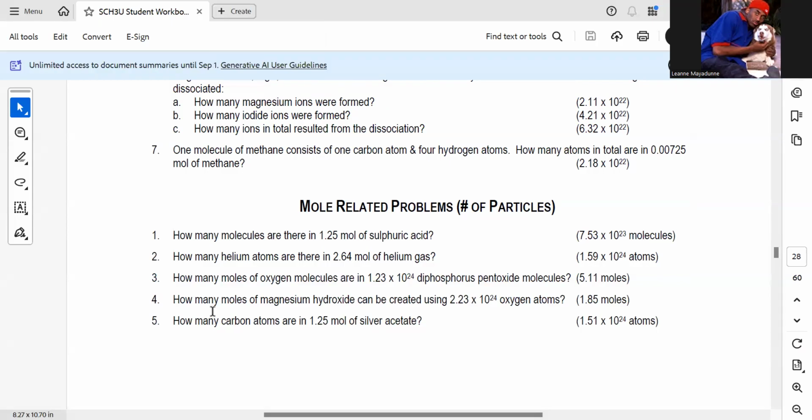Atom is the simplest form of an element. Molecule is the simplest form of a compound. Exception to this is molecular elements. You can write down: simplest form of a compound is a molecule.